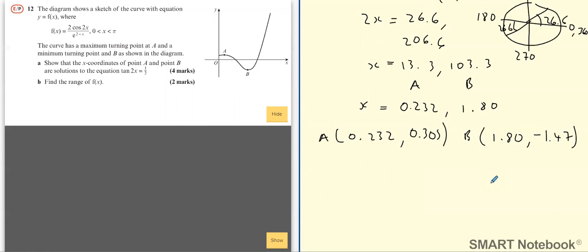Look at what I've worked out and tell me the range for f of x. Range refers to allowable y values.